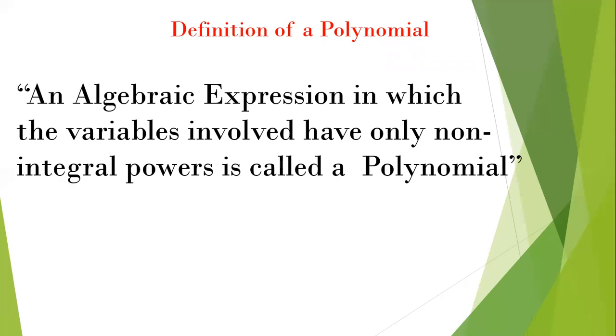In the previous examples, we observed that there is no negative sign in the exponential form. That is why the exponents must be non-negative integers. That is why a polynomial should be defined as an algebraic expression in which the variables involved have only non-negative integral powers.